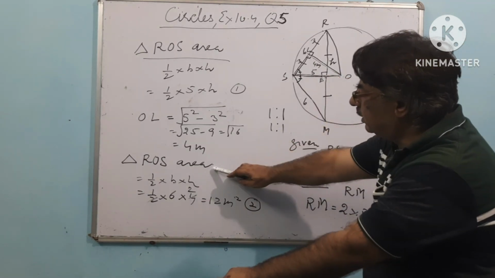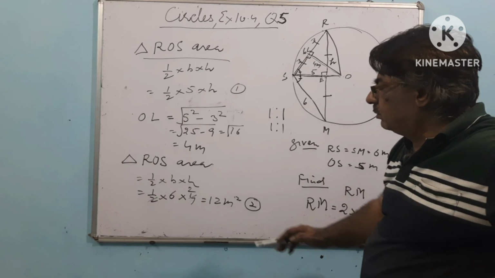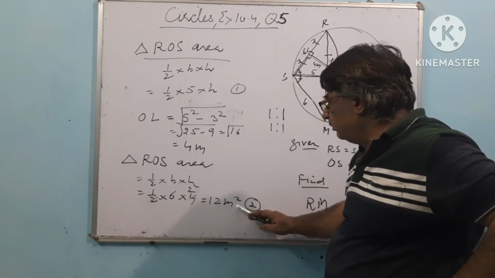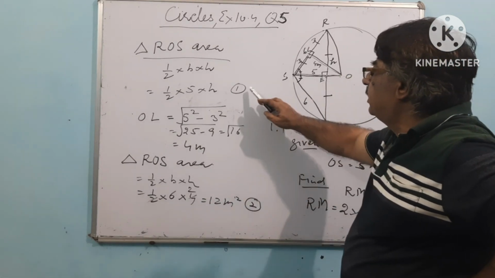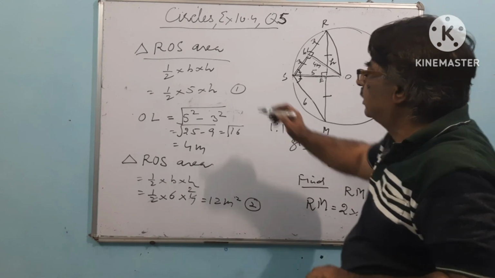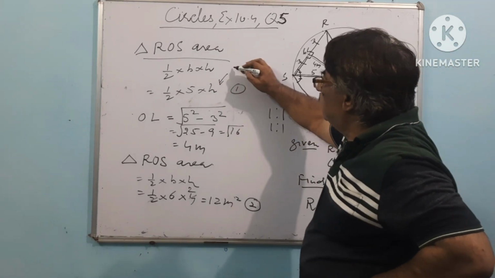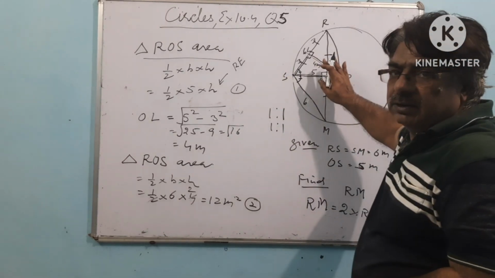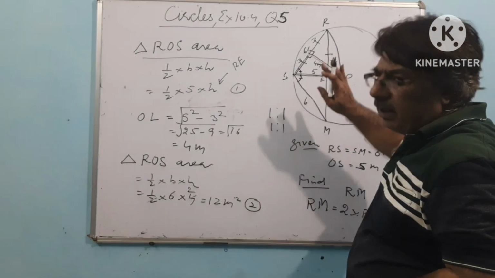Again we have calculated the area by the formula half base into height, and we have found the area as 12 meters square. But in the first equation, we have seen 1 by 2 into 5 into H. And what is H? H is RE. Now both are the areas of this triangle, so they must be equal.